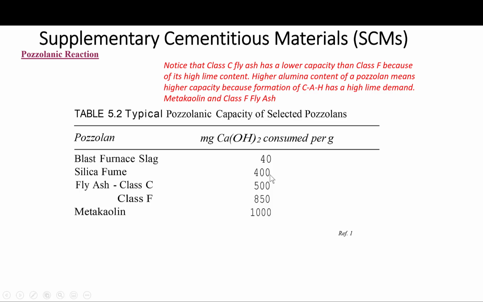I mean, the silica fume has higher amorphous silica than the metakaolin, but of course the metakaolin has higher alumina content, and the Class F also has higher alumina content. That's why the consumption of the calcium hydroxide may be higher in these two cases, which is some more calcium hydroxide is consumed for the formation of the calcium aluminate hydrate products.